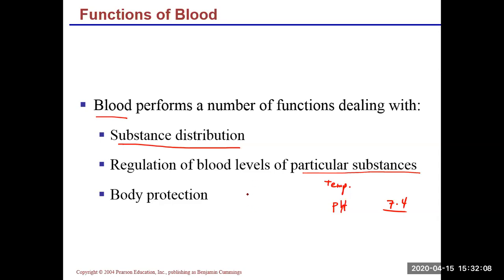The fluid volume also needs to get regulated. As you know, in a previous example of a person being dehydrated, the volume went down. That's a big problem because now there is not enough pressure to send oxygen and carbon dioxide to the proper areas.